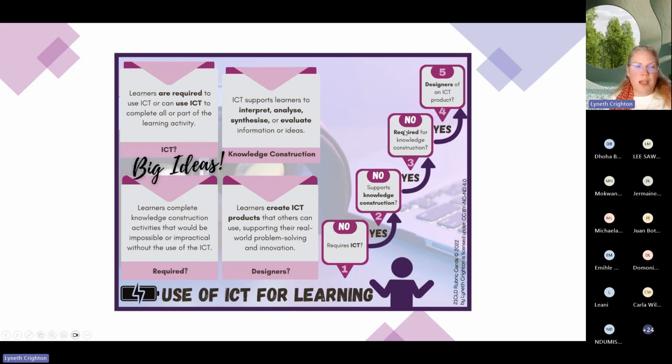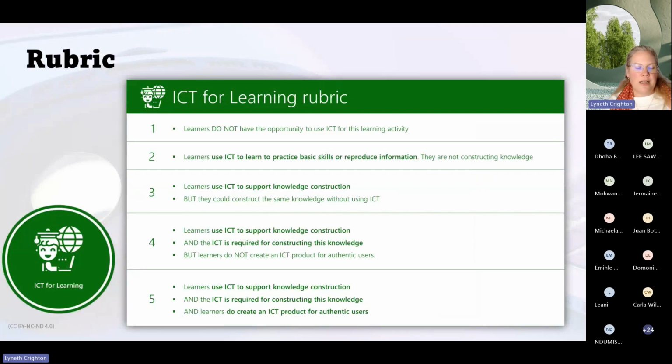In other words, would they not have got there without the use of the tool? So the tool impacts the knowledge construction in the fact that you would never have got to that level without it. And lastly, are they designers of ICT products that a real audience in the real world could use? So that's what the rubric looks like.